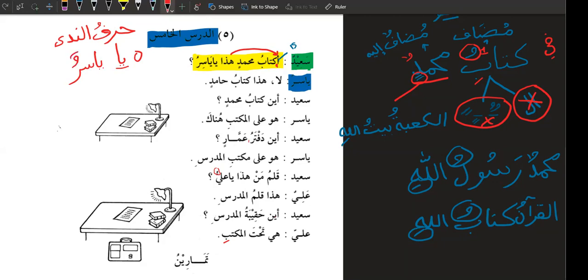Why? Because of this ya. So we say ya Muhammadu, ya Aliyu, ya Fatimatu. So it changes it from two to one dhamma.